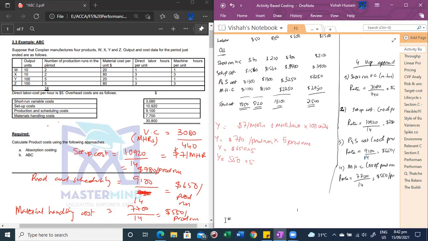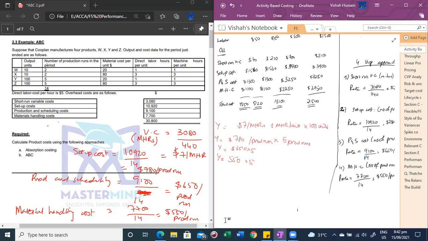So all of these costs are incurred at that time. Production and scheduling cost means that you're scheduling your production, you're scheduling the tasks of production and all. So any cost that is incurred during that is basically being incurred because you're starting production, right? Which is why we are using production runs.